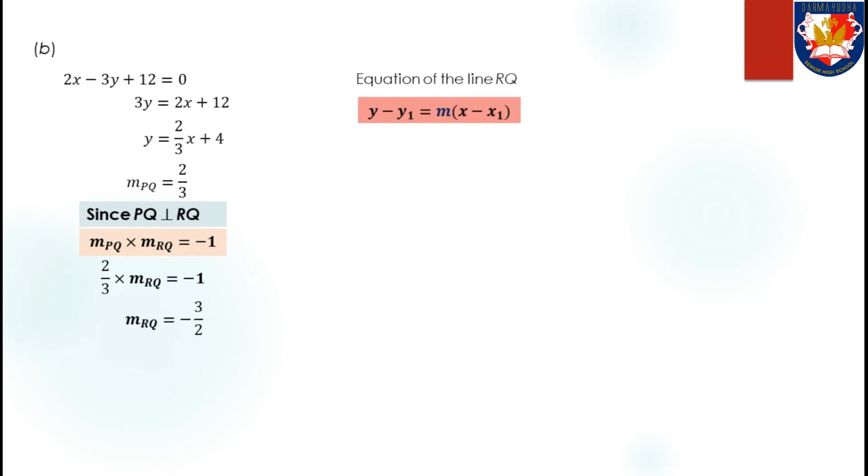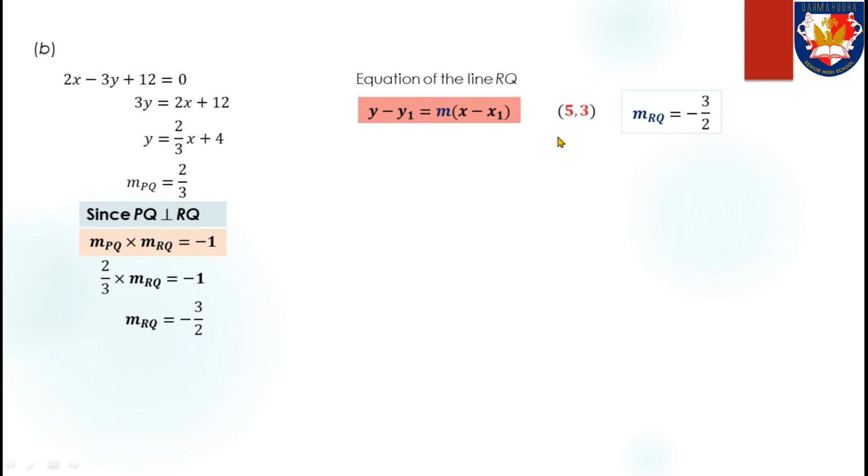Since line PQ and line RQ are perpendicular to each other, MPQ times MRQ equals -1. Therefore, by substituting the value of MPQ, we know that 2 over 3 times MRQ equals -1. The gradient of RQ equals -3 over 2. Now, the equation of line RQ is written as y minus y1 equals m times (x minus x1), where the gradient is MRQ equals -3 over 2, which passes through the point (5, 3).